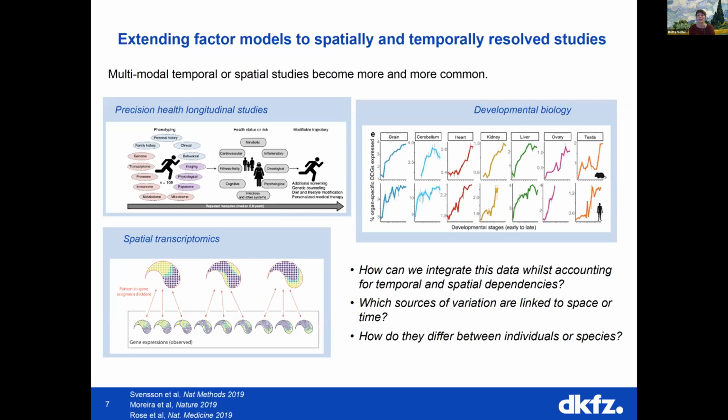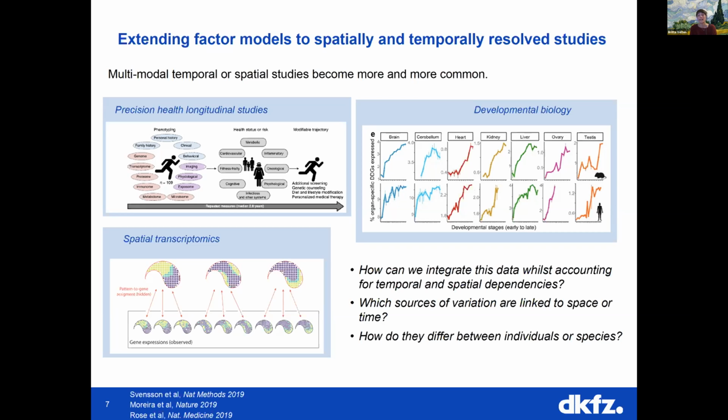over a time period, and these different multi-omic measurements are taken at each of these time points during, for example, 2 years. Also in developmental biology, we of course have a clear time component, if you, for example, study gene expression over development, and also in single cell biology, we now more and more start to use spatially resolved approaches to study a cell in its natural context and not out of it.